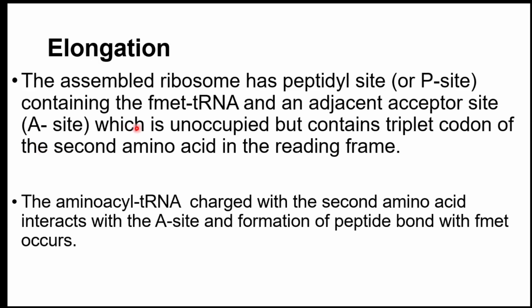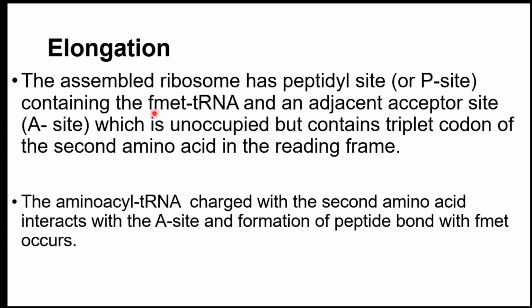So when another transfer RNA brings the second amino acid, it's going to occupy the acceptor site. When it occupies the acceptor site, the methionine, which is the amino acid, is going to form a peptide bond with the second amino acid which has been carried.